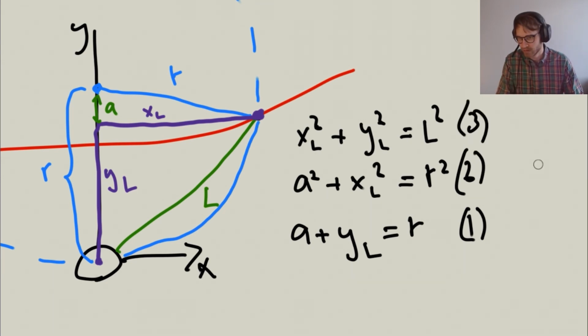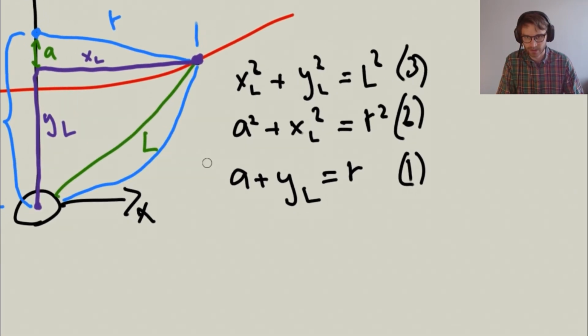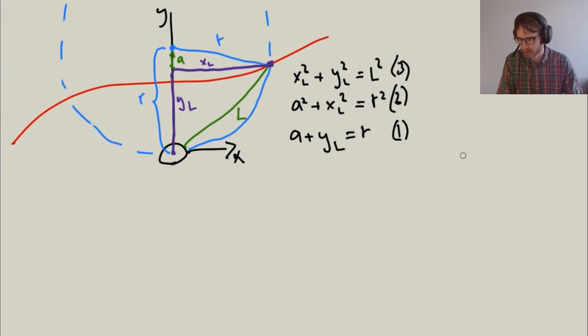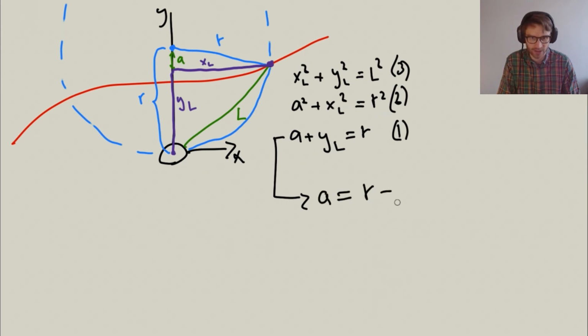Now we can start to calculate this forward or open them up. From using this equation over here, we get that A equals R minus YL.